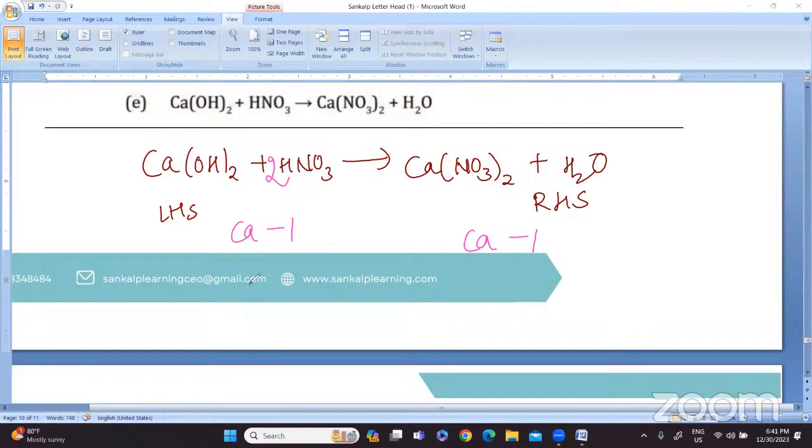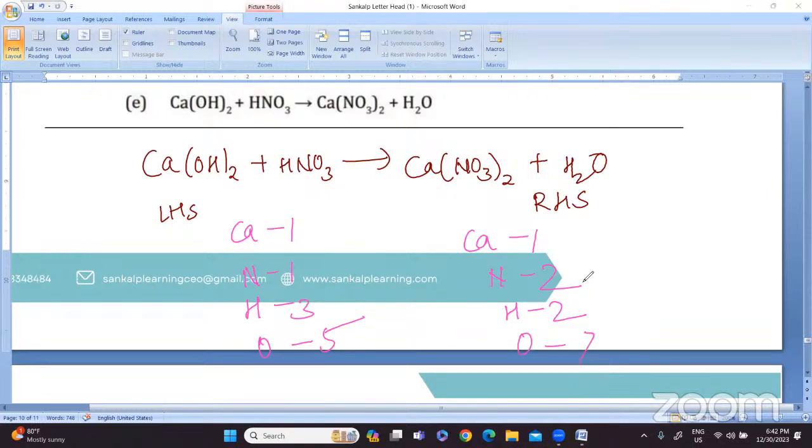Calcium is 1. Calcium is 1. Then nitrogen is 1, here nitrogens are 2. Then hydrogen atoms are 3. Then your hydrogen atoms are 2. Then oxygen atoms are 5. And here oxygen atoms are 7.